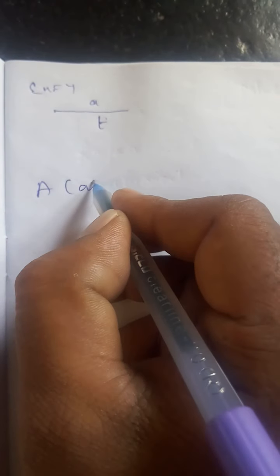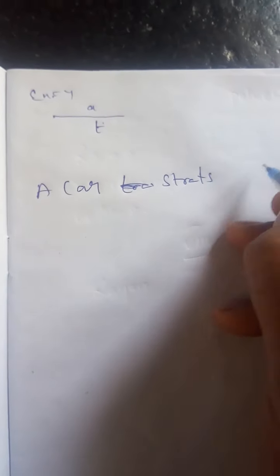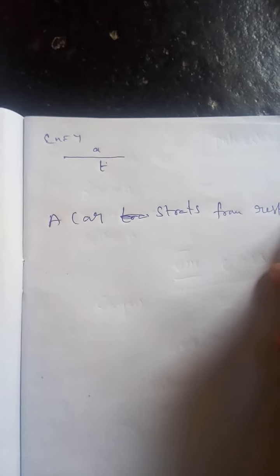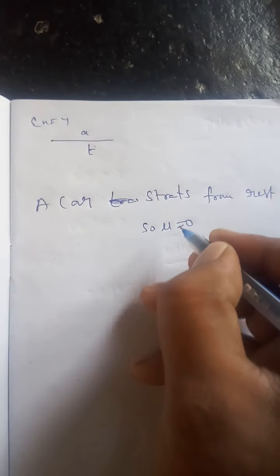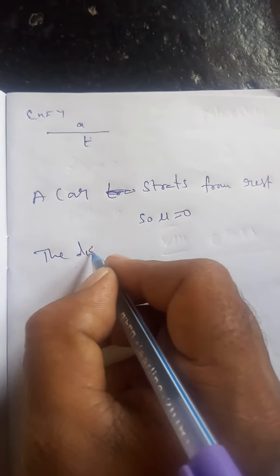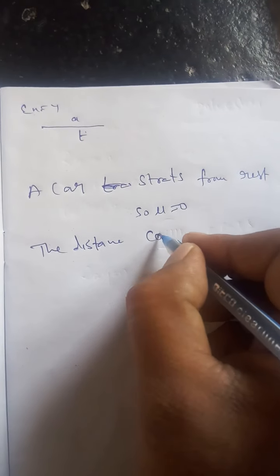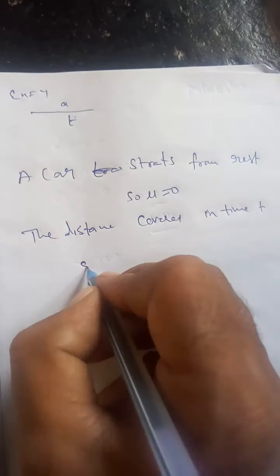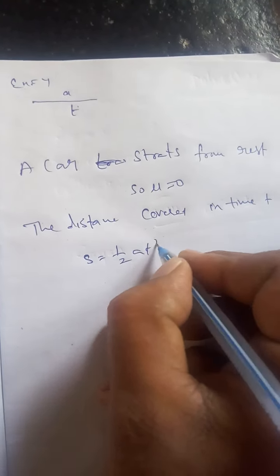So children, solution. See, the car starts from rest, so u is equal to 0. The distance covered in time t is s equals half at square.